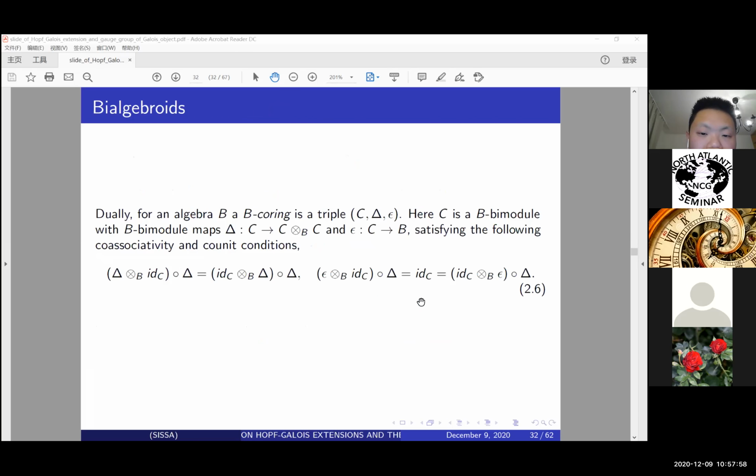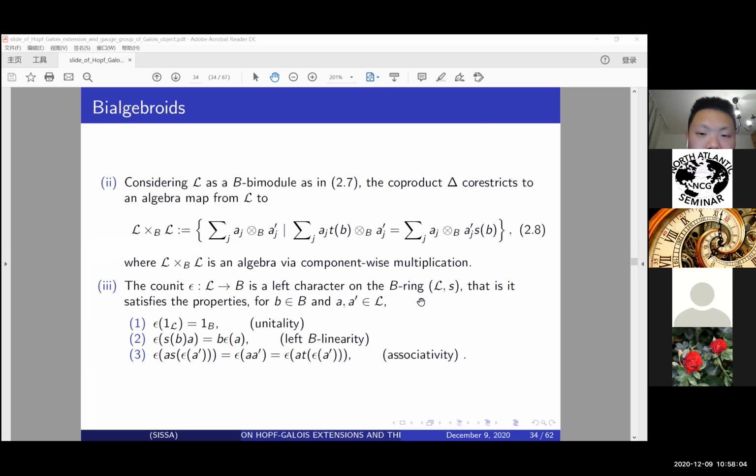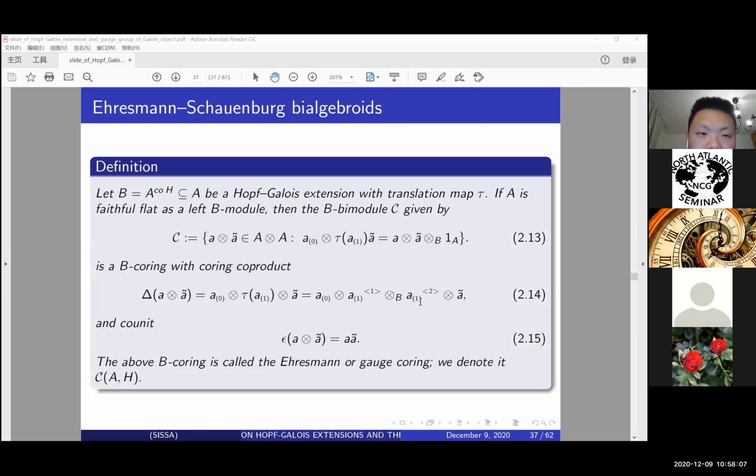And the centrality of the base algebra in the total algebra is needed to prove that the translation map is an algebra map from the Hopf algebra to the enveloping algebra of the form A^op tensor over B with A. Okay. So this explains the role of this. Very good point, Tomek. Yes, very good.